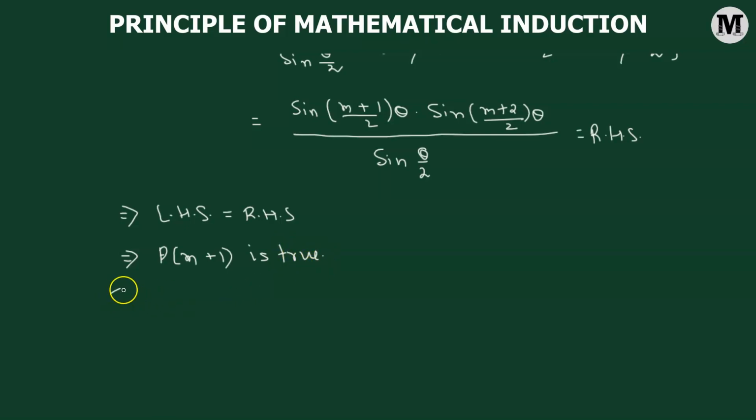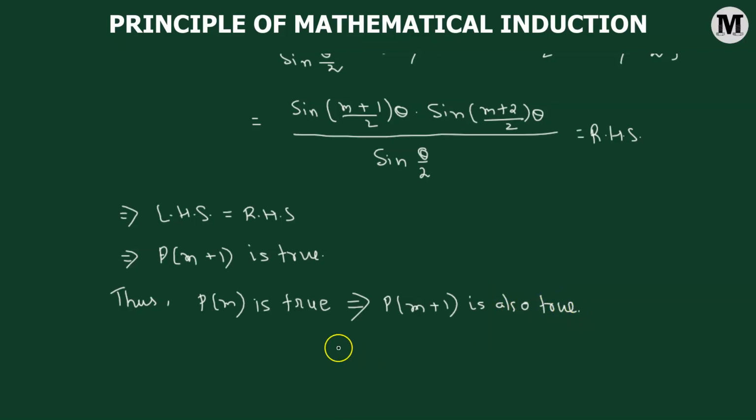So that means we started out with the condition that P of m is true, and we were able to show that P of (m plus 1) is also true.